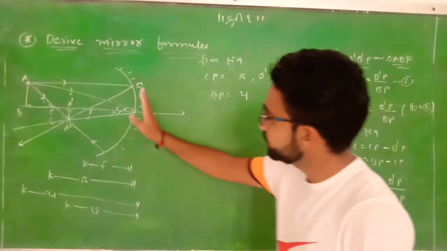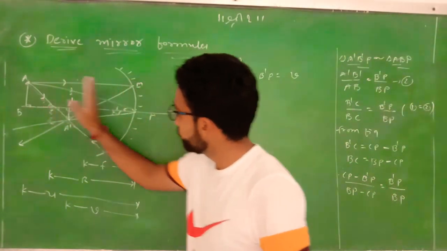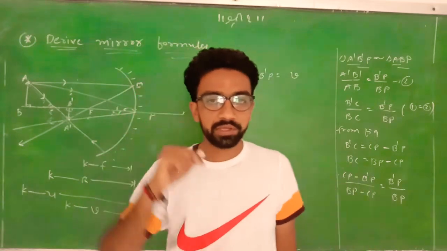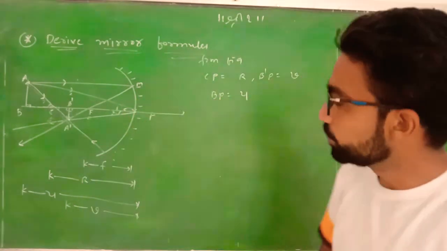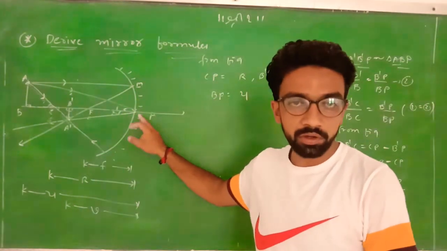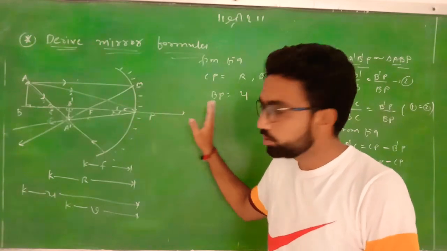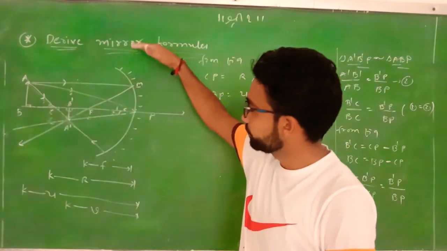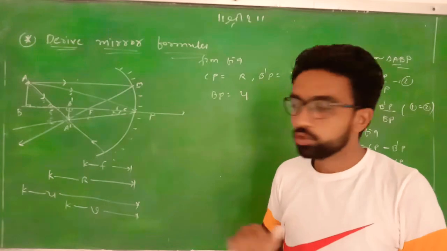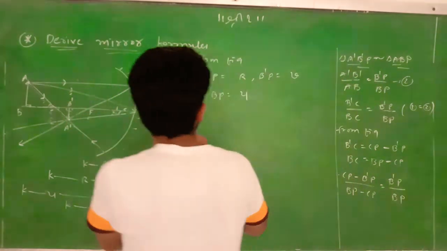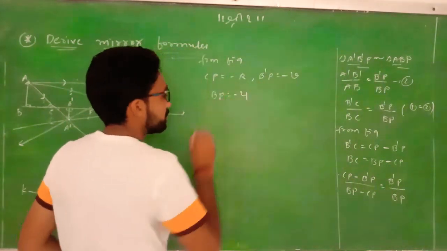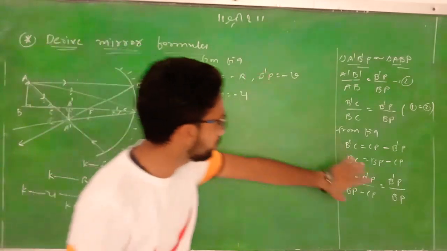Also, you can see this all distance is LHS of the P. And when we studied about the sign convention, we decided the P is taken as origin. All distance in RHS, that is positive, LHS negative, upper side positive, lower side negative. So this all distance are negative. You can see this is the negative distance. Now put this value in this equation.